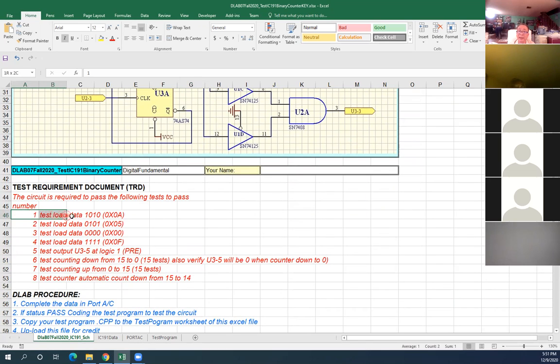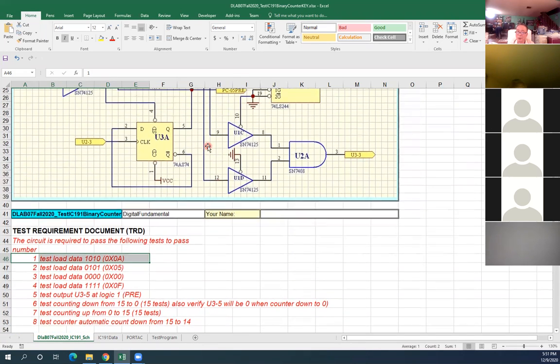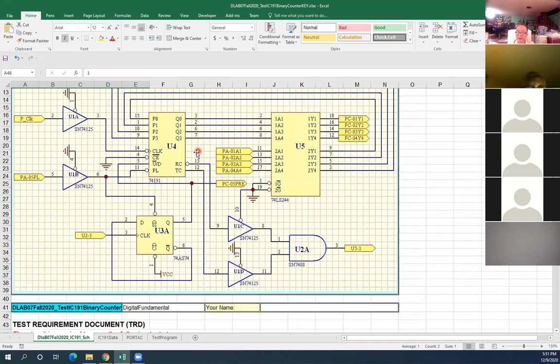Only thing is what you need to do. If you're looking at the test here, first thing I'm talking about is load number A. Then how do we apply input to this circuitry? Okay? And how do we verify the output?